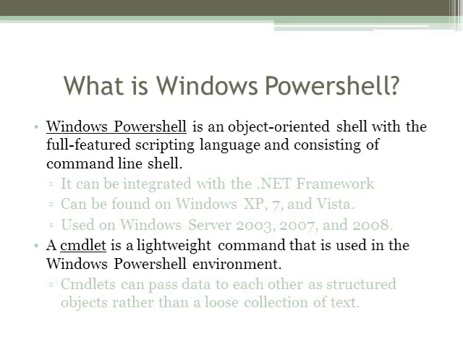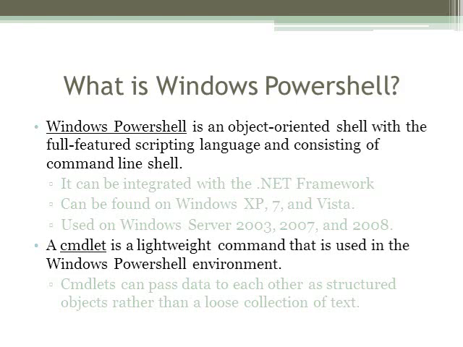A lot of people know, and a lot of people don't know, what Windows PowerShell is. So what is Windows PowerShell? Windows PowerShell is an object-oriented shell with a full-featured scripting language, consisting of a command line shell.